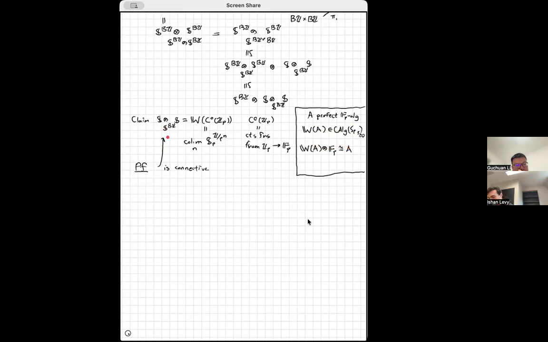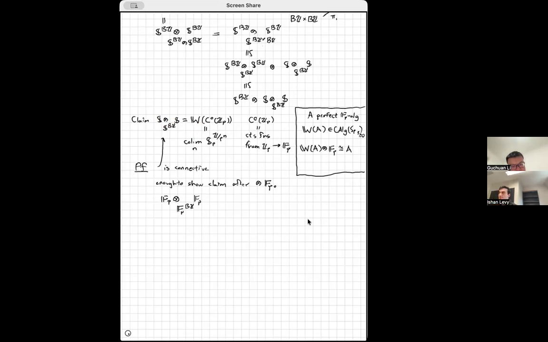So the fact that this is connective tells you that it's enough to show the claim after you tensor with F_p. Okay, so let's understand these things after tensoring with F_p. After you tensor with F_p, I can replace all the spheres with F_p's. So then you get F_p tensored over F_p to the BZ with F_p.